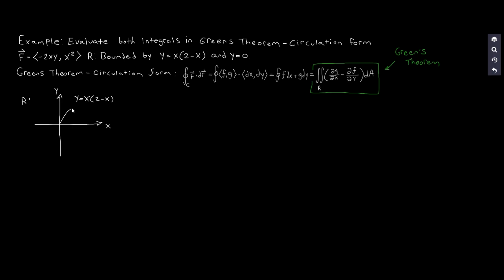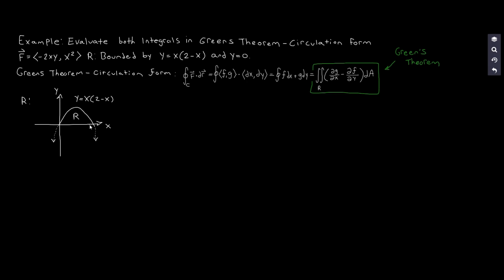So it's going to come up and then it's going to go down. This is the region that we're looking at because it's bounded by this curve right here and y equals 0, and when y equals 0, that's just our x-axis.